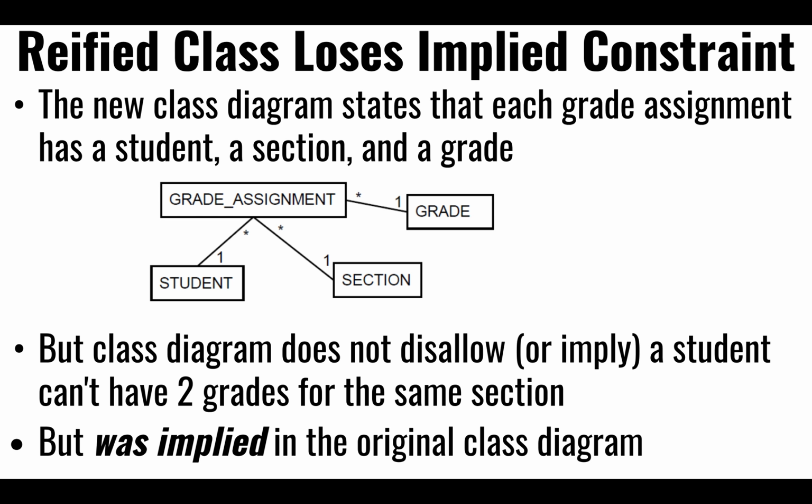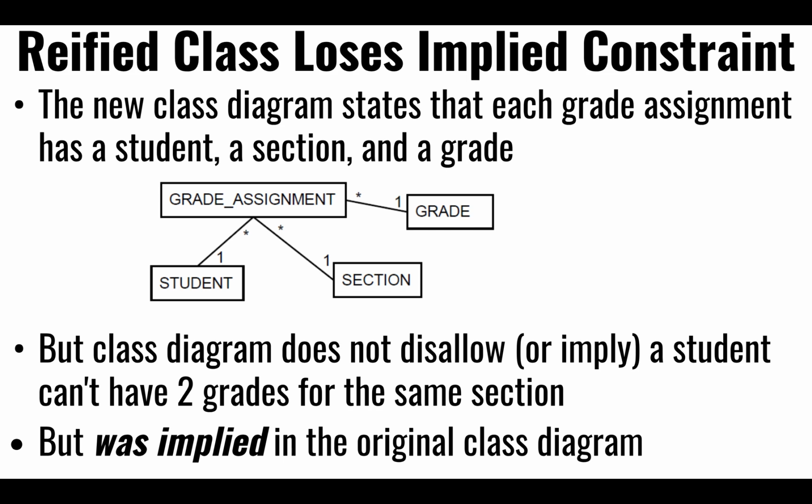One way to fix it is that perhaps we can grab the foreign key that points to the student and the foreign key that points to the section and make them a unique combined primary key. That would force the combination to be unique.